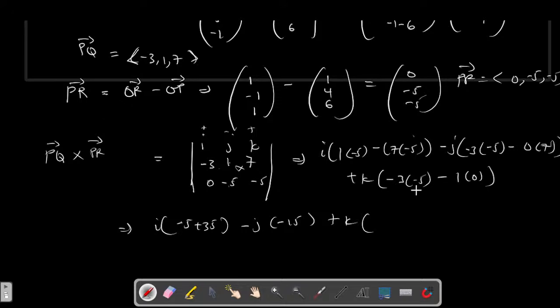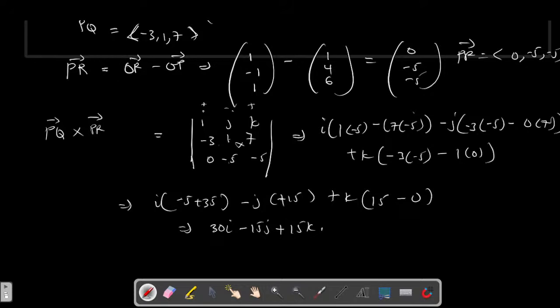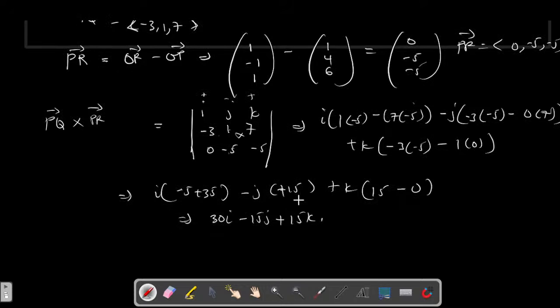This should give us positive 15, sorry. Positive 15 minus this one to 0. So we simply get 30i minus 15j plus 15k. Right. Okay.